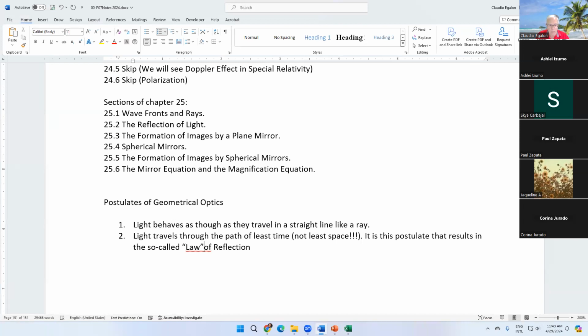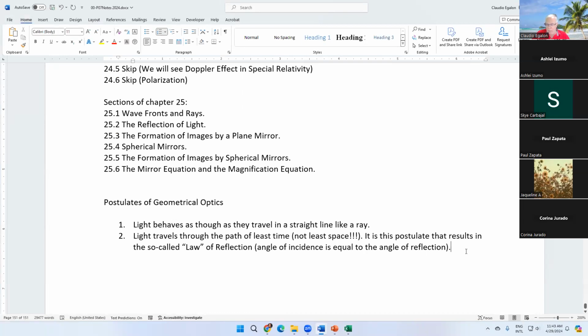Angle of incidence is equal to the angle of reflection.